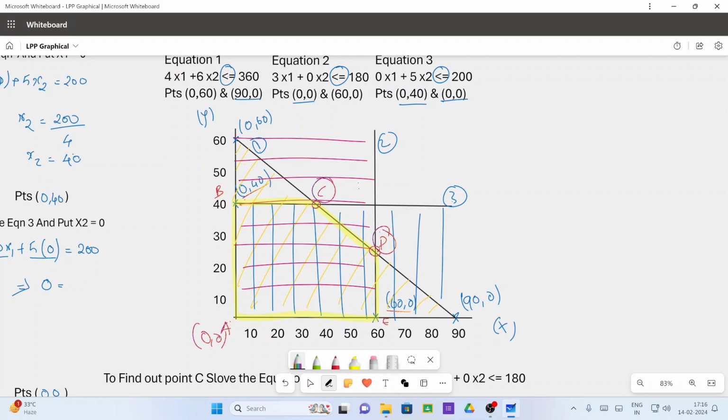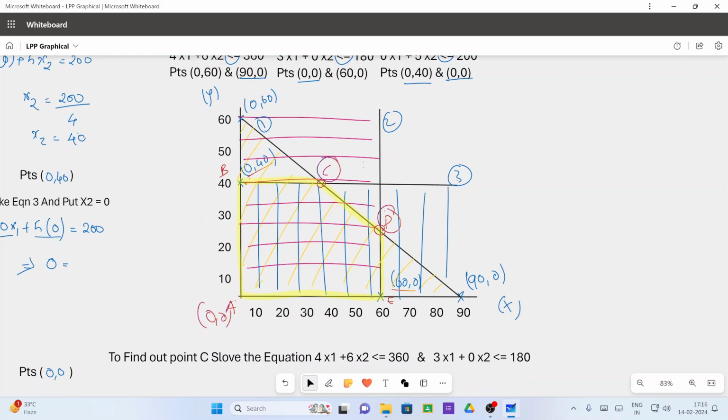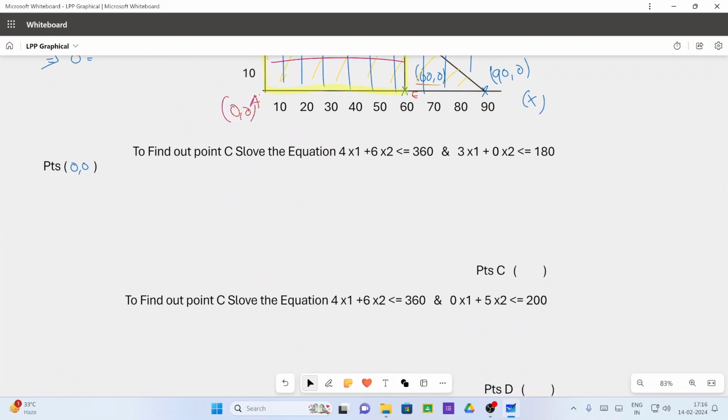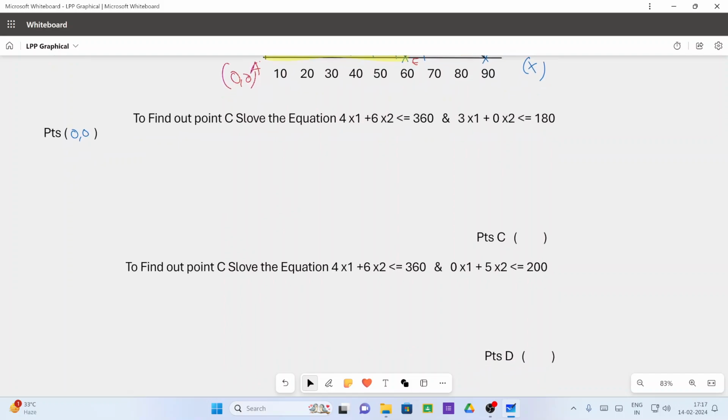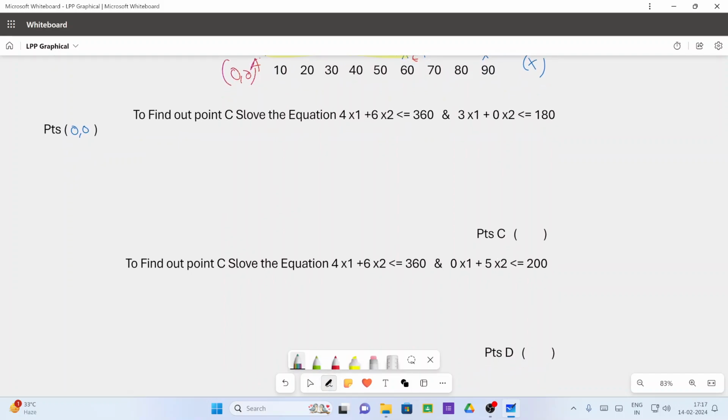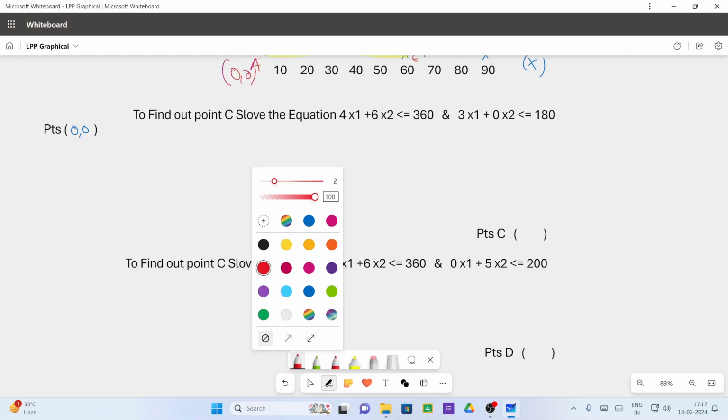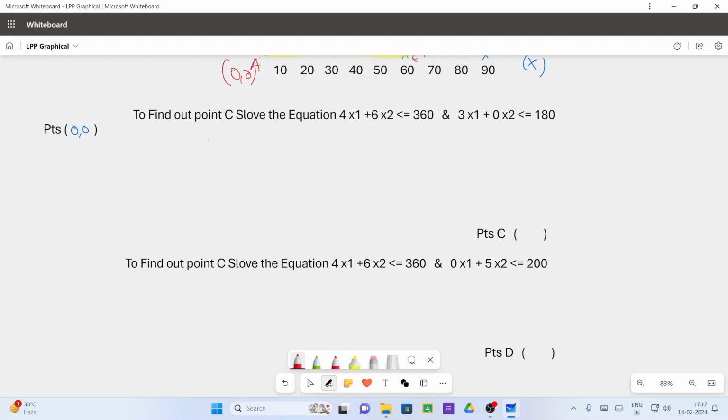Finally we can substitute these in the objective function. First we have to find the points C and D. For solving point C, we need to solve equations 1 and 3.